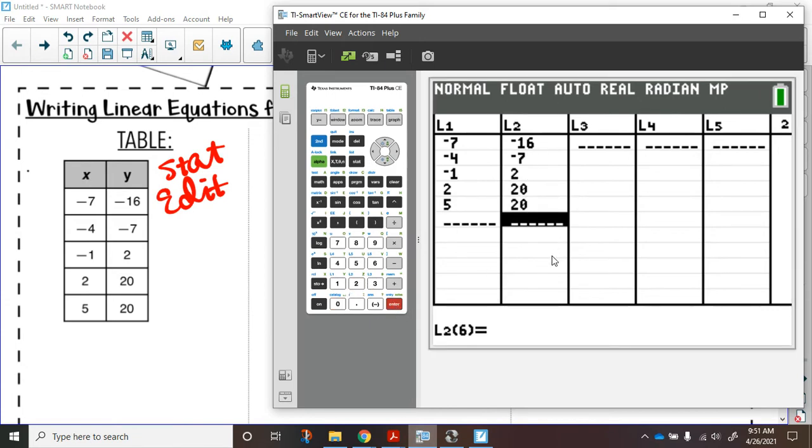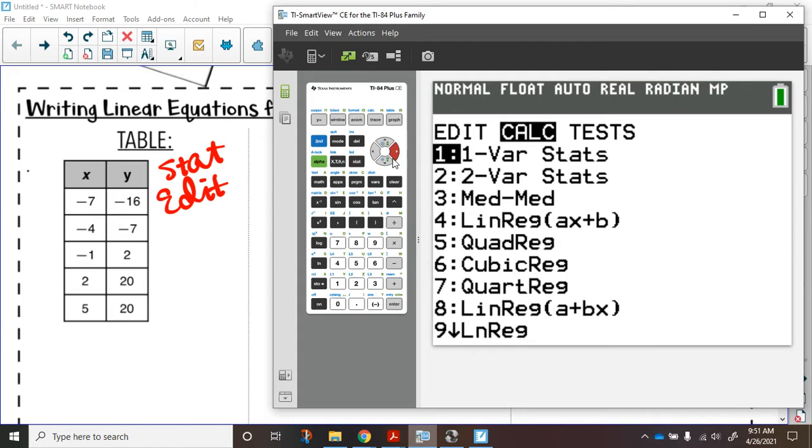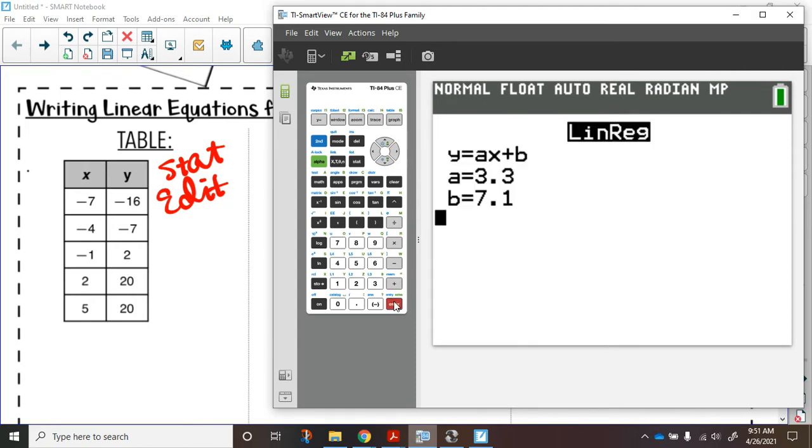Once we type these in, we're going to press stat again, go over to calc, and since this is a line, I'm going to be using number 4. So I press 4 and then enter 5 times. And it gives me these two numbers.